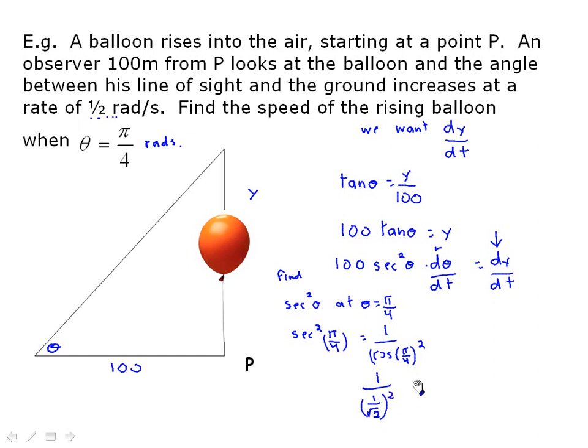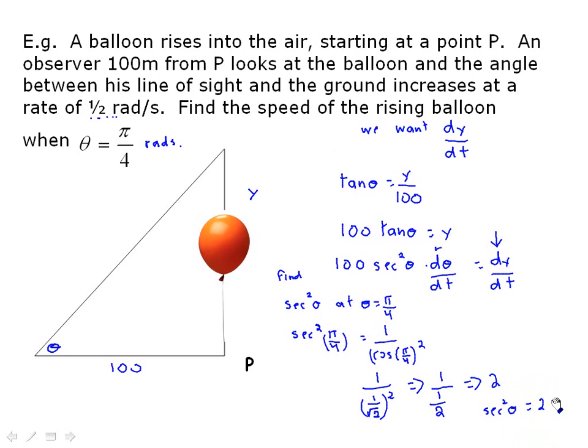So 1 over 1/2 when you square it, and 1 divided by 1/2 is 2. So secant squared theta at this point is equal to 2. So easy, but you have to be aware of it.